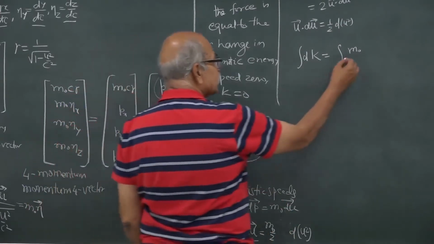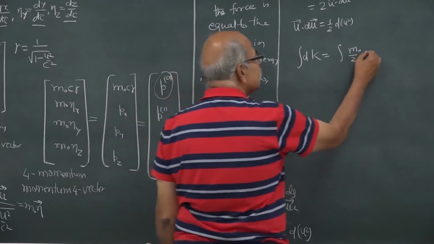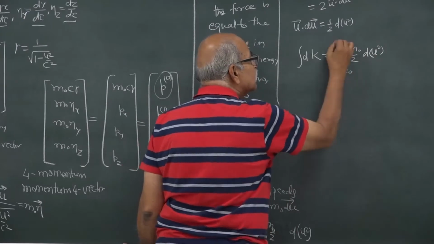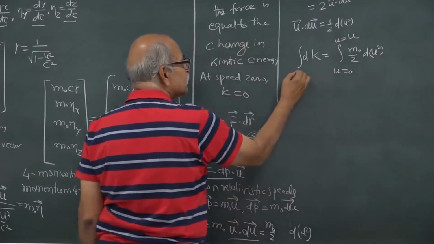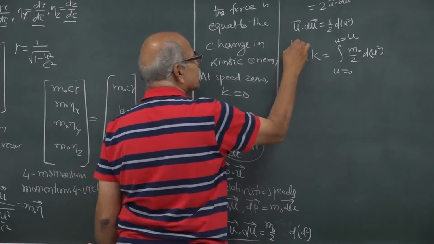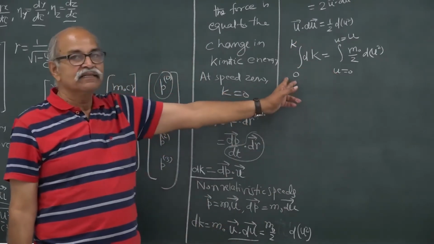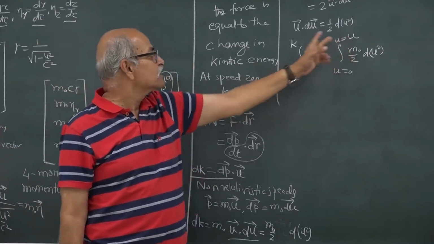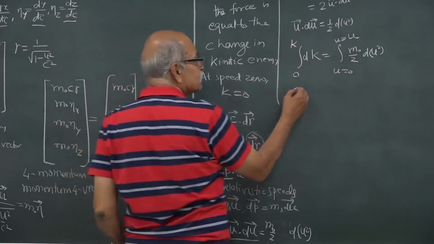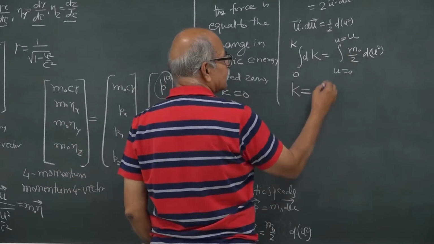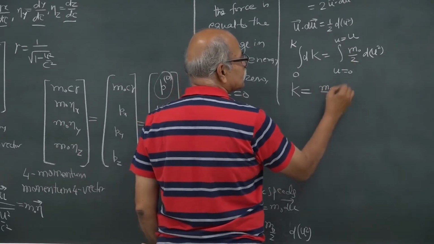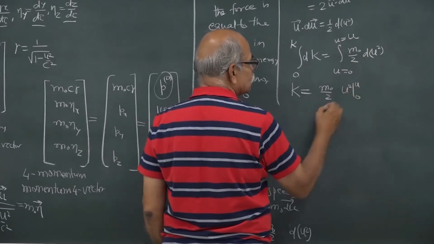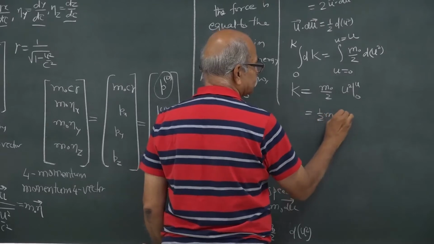So, on this side it is m naught by 2 and d of u square, u going from 0 to u, and kinetic energy will go from 0 to K. At u equal to 0, kinetic energy is 0 by definition, and when the speed is u, the kinetic energy is K. So K is equal to m naught by 2, integration of this is u square, and then you put the limits u equal to 0 and u, and that is half m naught u square.